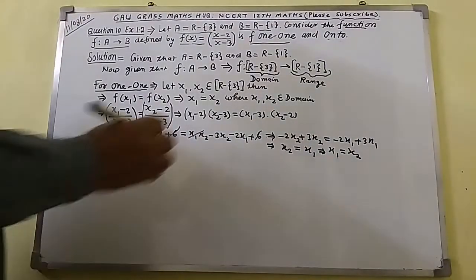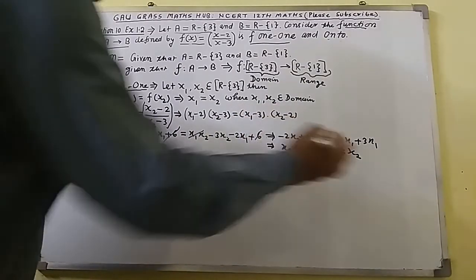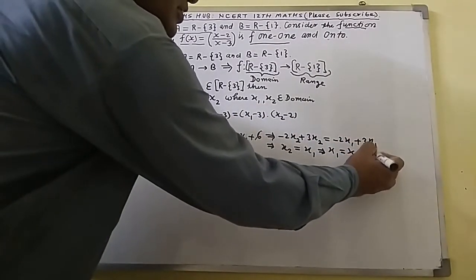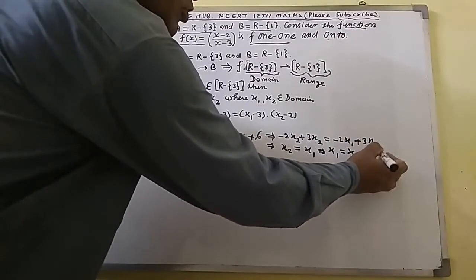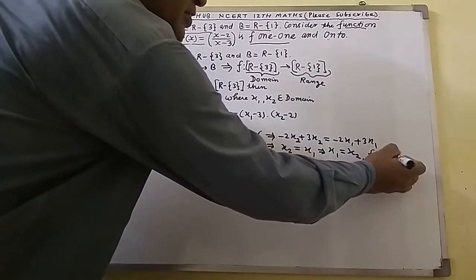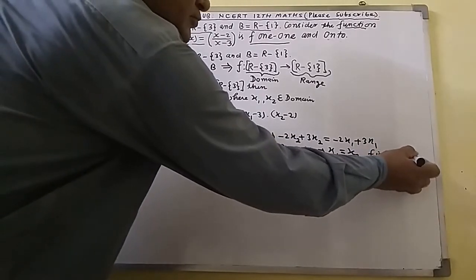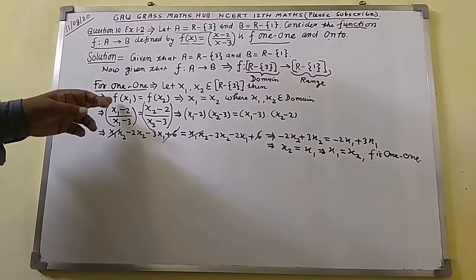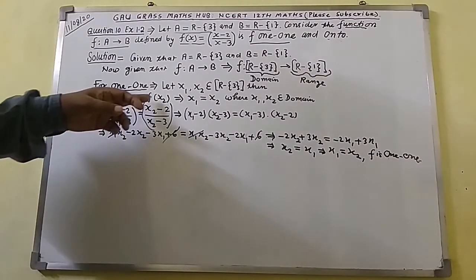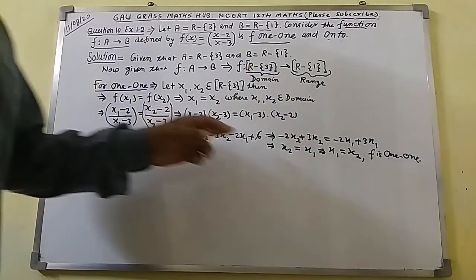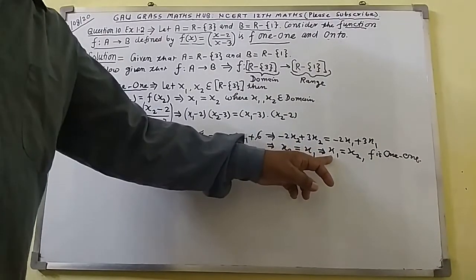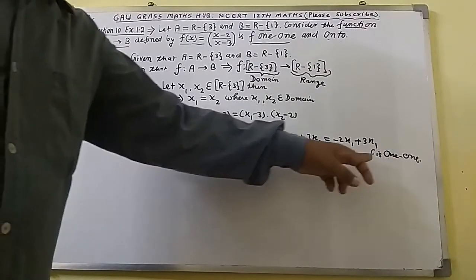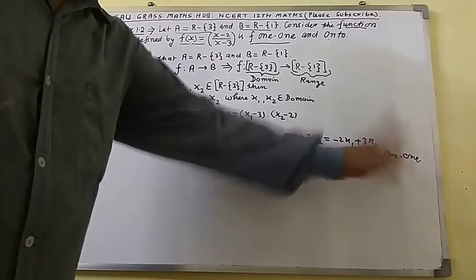This means that f is 1-1. If f of x1 equal to f of f2 implies that here you have got x1 equal to f2, then f is 1-1.